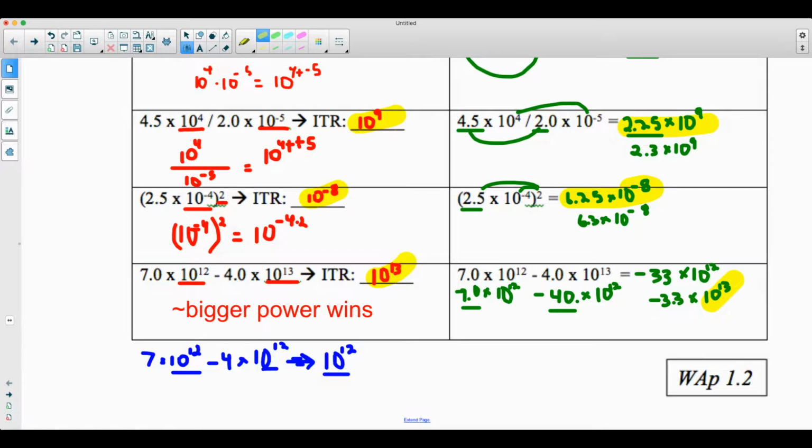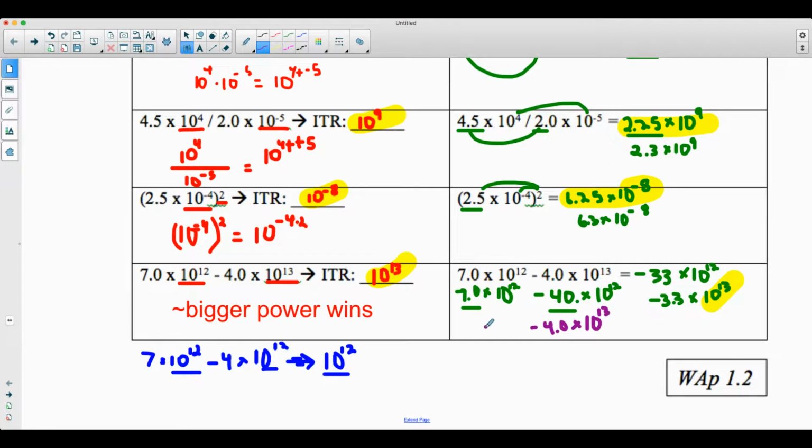All right? If you had instead set this one up as 10 to the 13th, you would have had minus 4.0 times 10 to the 13th.